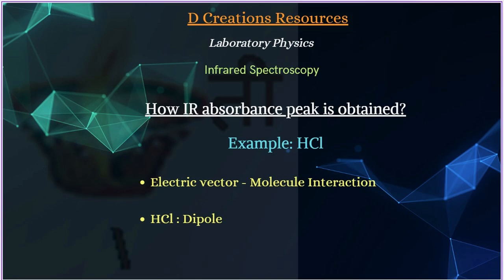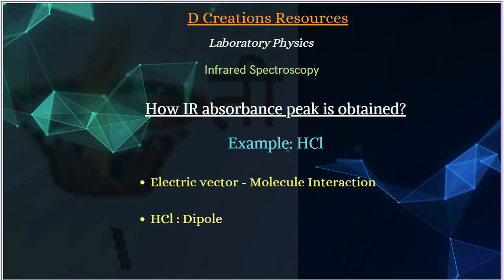Then the hydrogen atom will move away from the electric vector and the HCl bond will shorten. Now once the polarity of the electric vector changes to being negative, it will attract the hydrogen atom because opposite charges attract. Therefore, the HCl bond is pulled and then it lengthens. The length is going to increase.